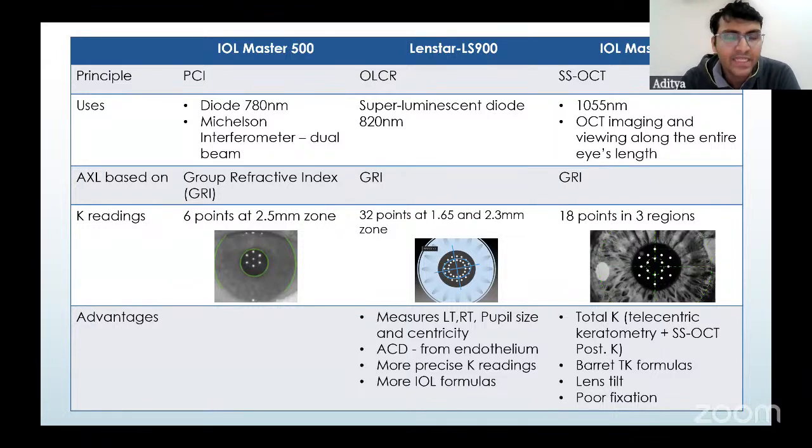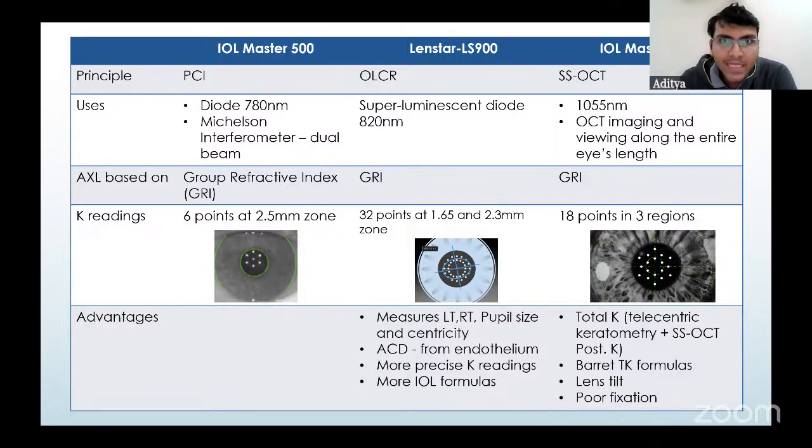So PCI uses a wavelength of 718 nanometer, and it utilizes modified Michelson interferometer. While Lenstar LS in OLCR uses a wavelength of 820 nanometer, whereas SSOCT utilizes 1055 nanometer wavelength.